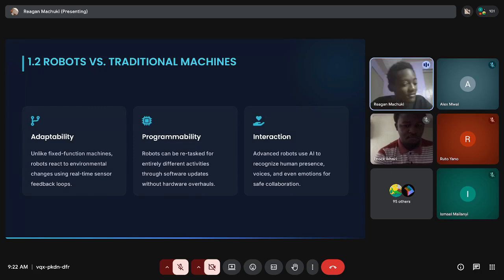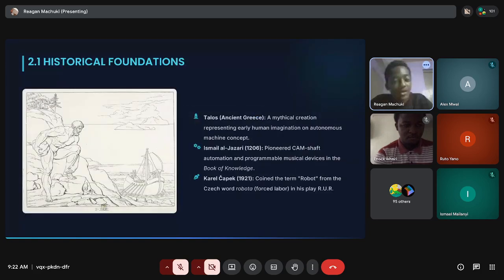And from here we go to the historical background of robots. In ancient Greece, we had a mythical creation called Talos, which represented early human imagination about machines that could act autonomously. So the Greek people had this thing in mind that maybe one day we could have something that could act on its own and do tasks. Then we have Ismail Jazari in 1206, who pioneered camshaft automation.